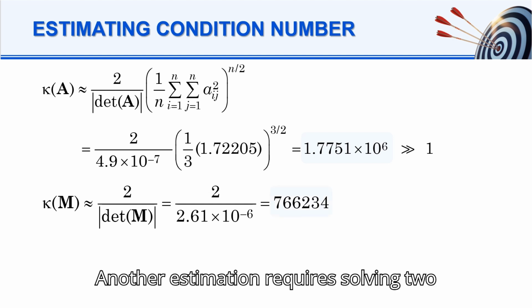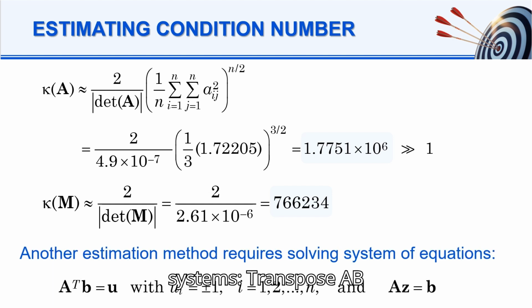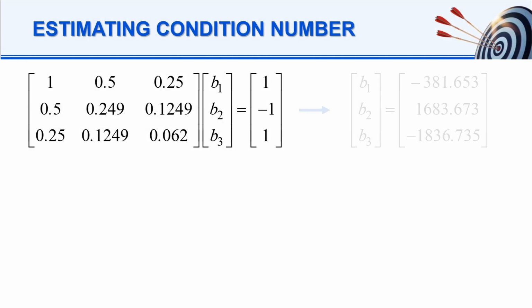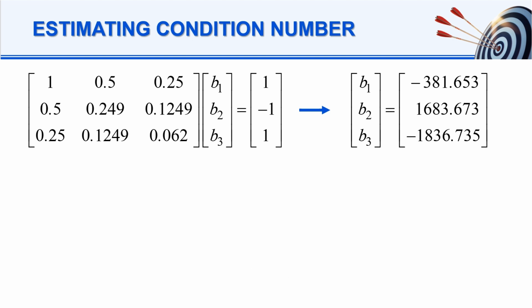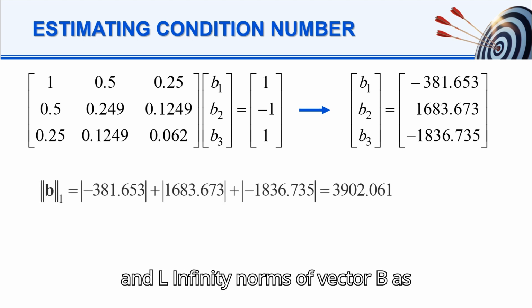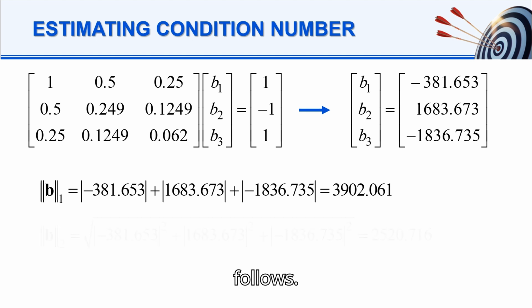Another estimation requires solving two systems: A transpose B equals U and AZ equals B. Solving A transpose X equals B yields the following. We then calculate L1, L2, and L infinity norms of vector B as follows.